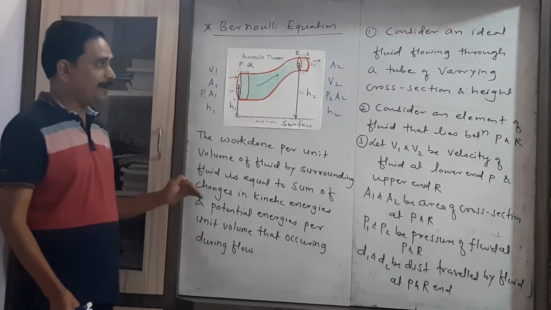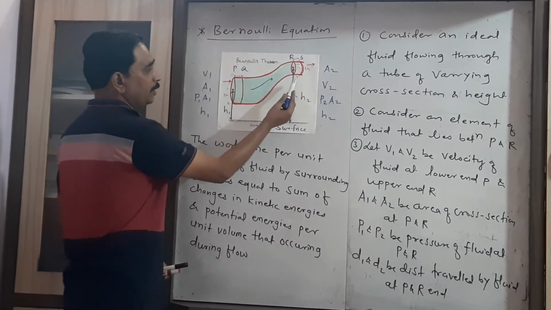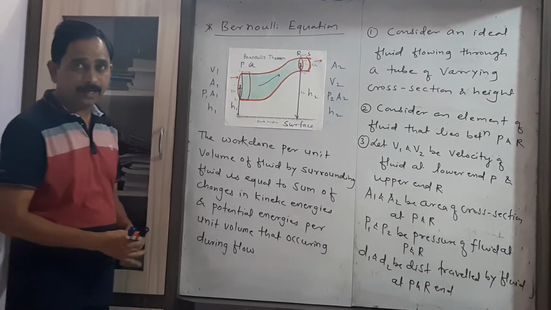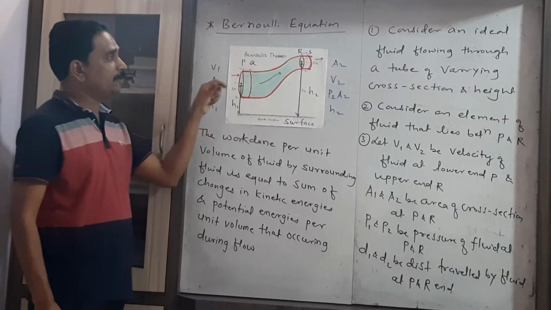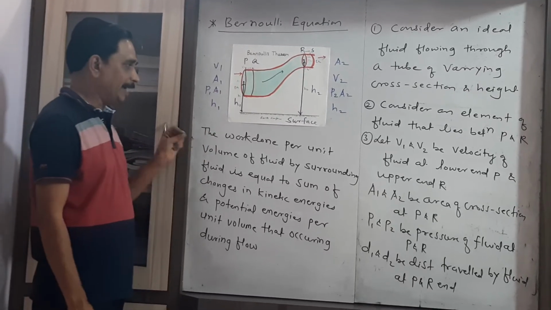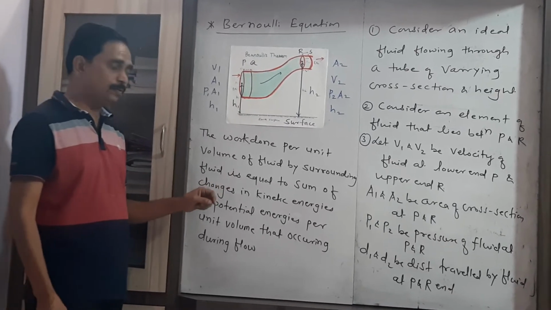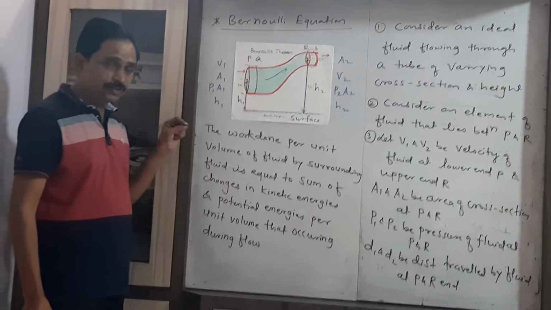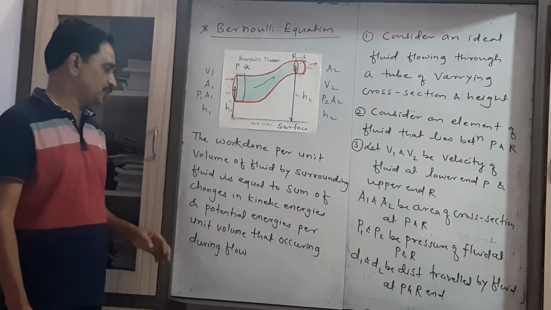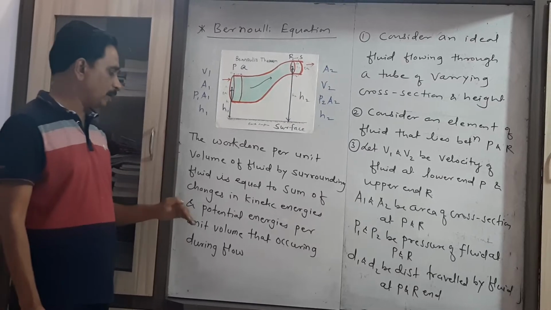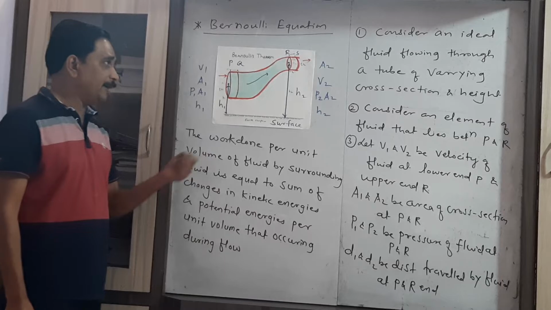It means when a particular fluid flows from one end to the other end, then certain work is done by the surrounding fluid, and that work done per unit volume is equal to the sum of changes in their kinetic energies and potential energies, again per unit volume, during its flow.